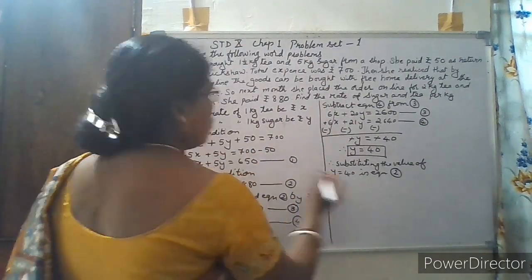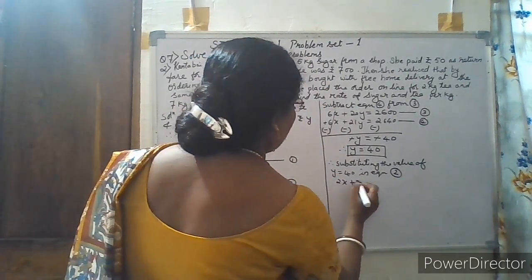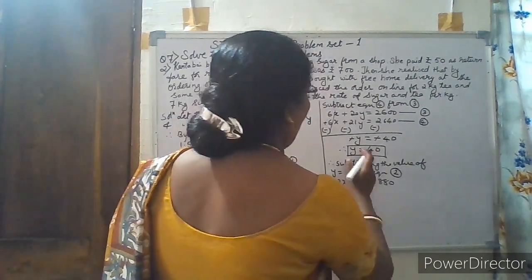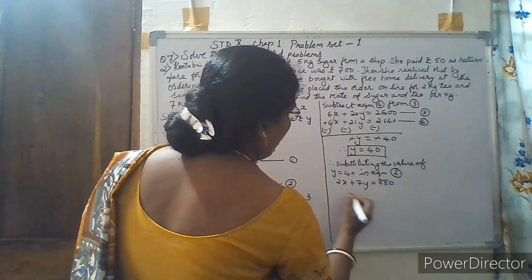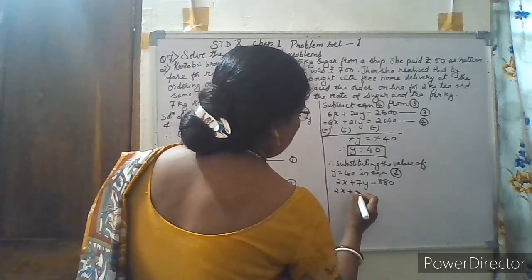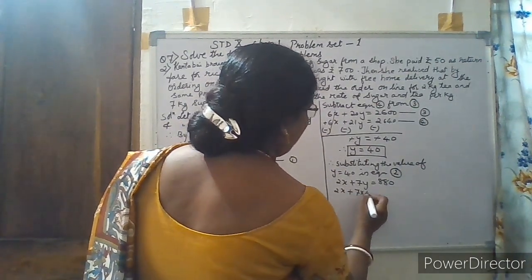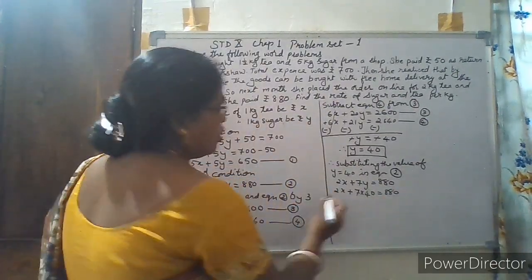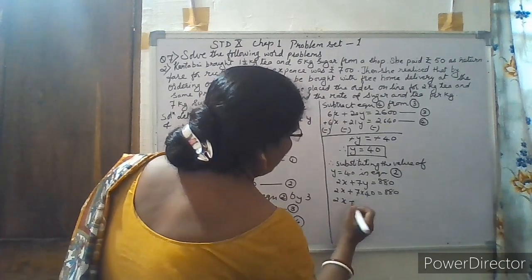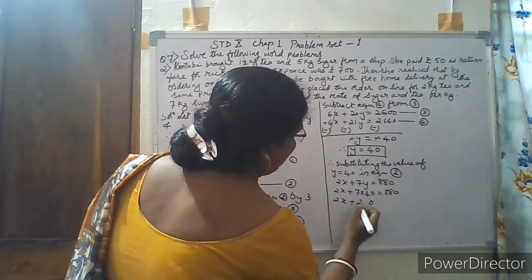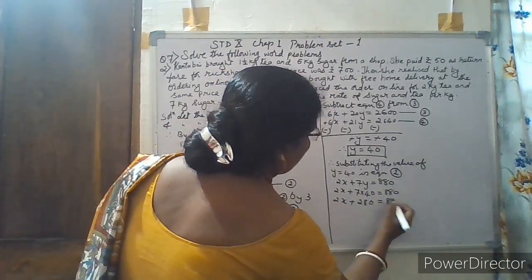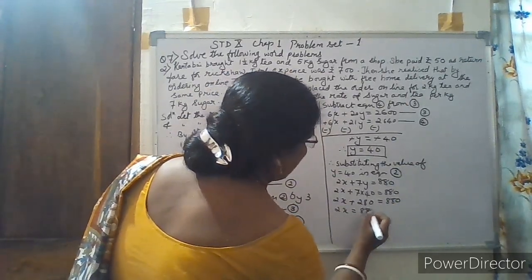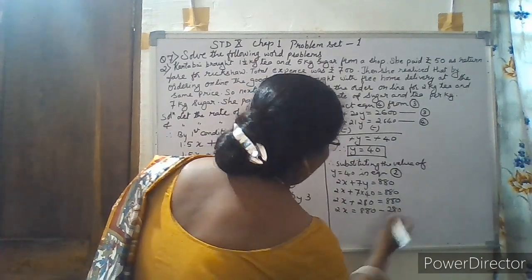Equation 2: 2x plus 7y is equal to 880. Now, y value is equal to 40. 2x plus 7 into 40 is equal to 880. So, 2x plus 7 fours are 28, that is 280, is equal to 880. 2x is equal to 880 minus 280.